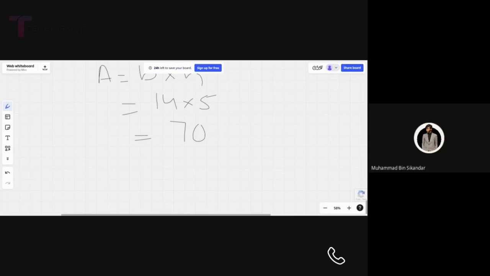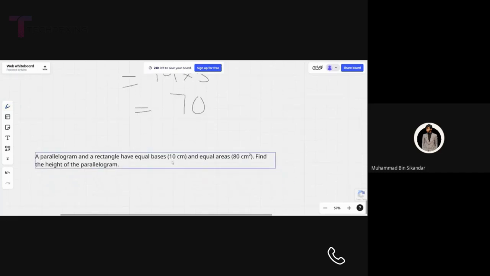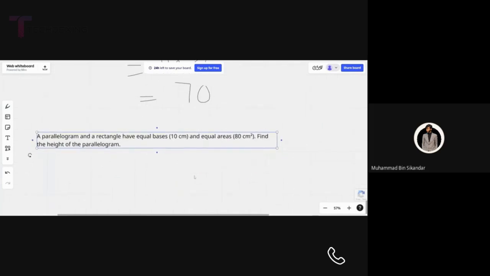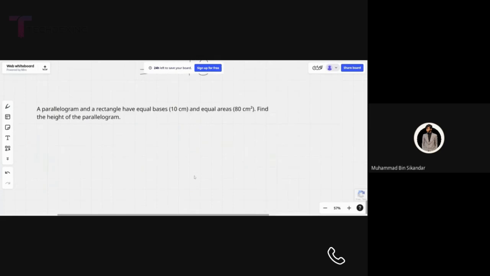Let's do some tricky question. Okay, this one is a bit tricky. A parallelogram and rectangle have equal bases.